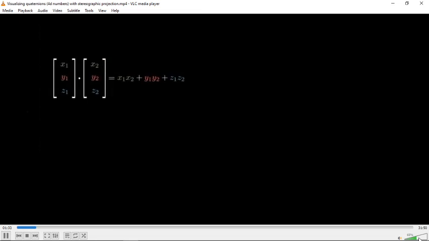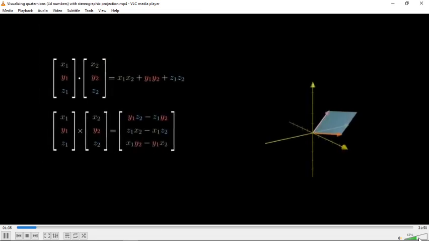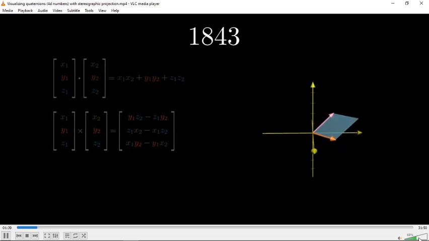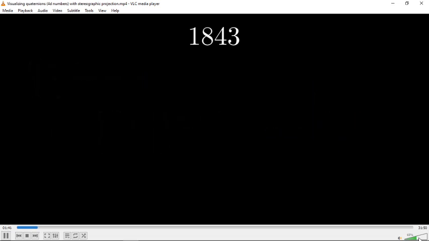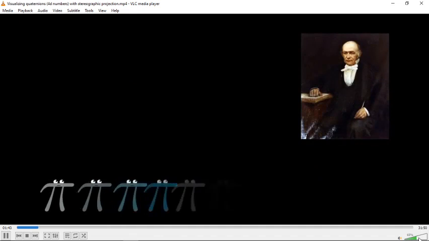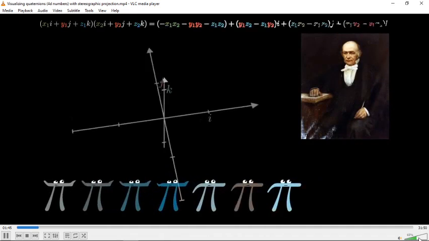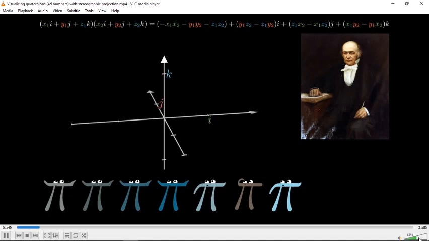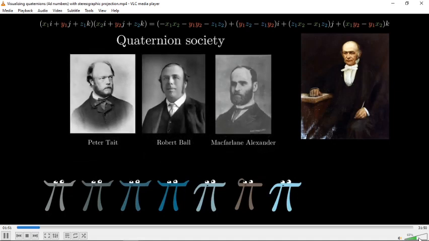Now, you have to understand, our modern notion of vectors with their dot product and the cross product didn't really exist in Hamilton's time, at least not in a standardized form. So after his discovery, he pushed hard for quaternions to be the primary language with which we teach students to describe 3-dimensional space, even forming an official quaternion society to proselytize his discovery.